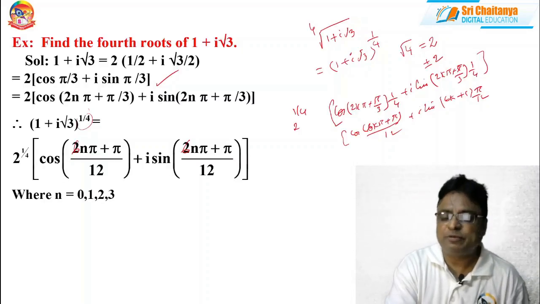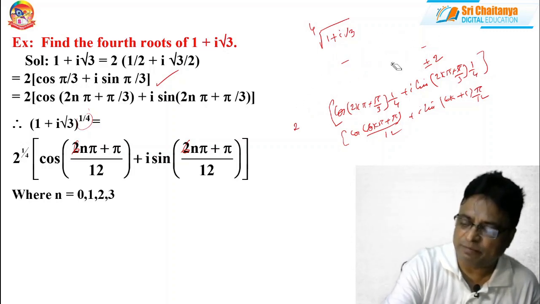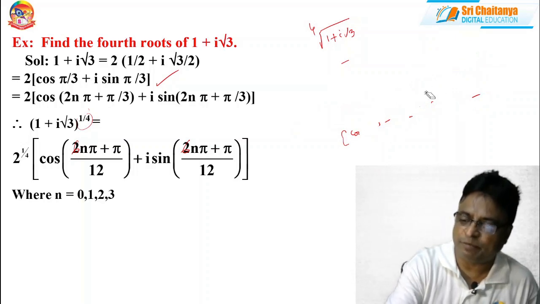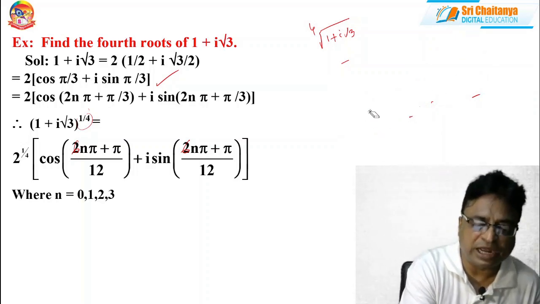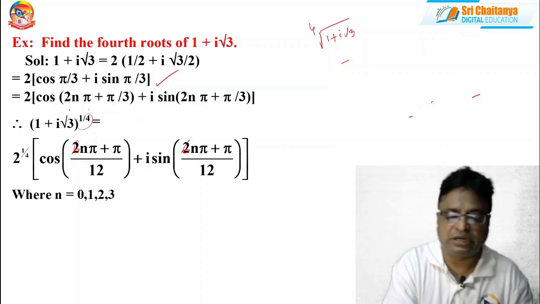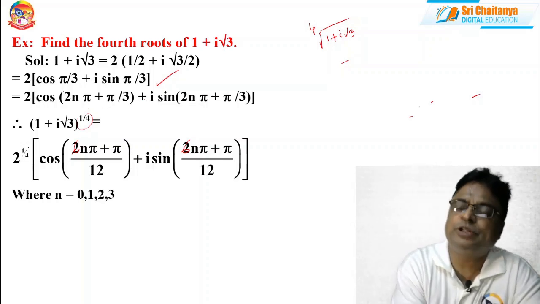So here, to find the fourth roots of a complex number, first I have expressed the complex number in polar form. Thereby, I have added the general value to that argument, and now I have multiplied the power to that argument.